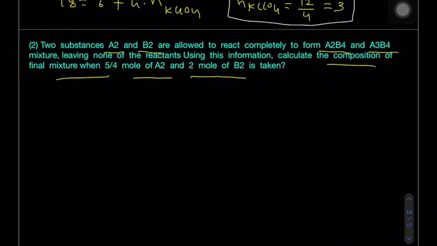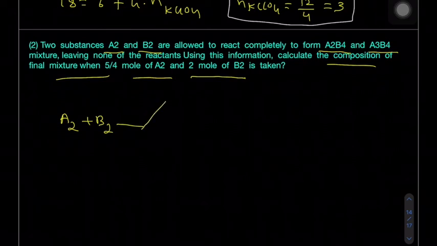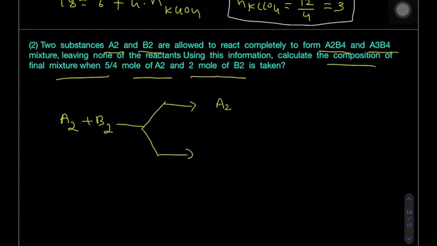Now again there are two reactants, A2 and B2. A2 and B2 combine to give A2B4 and A3B4. This is also a parallel reaction.